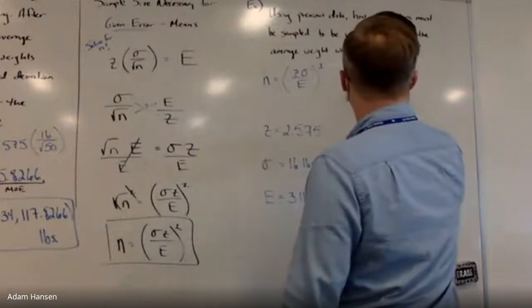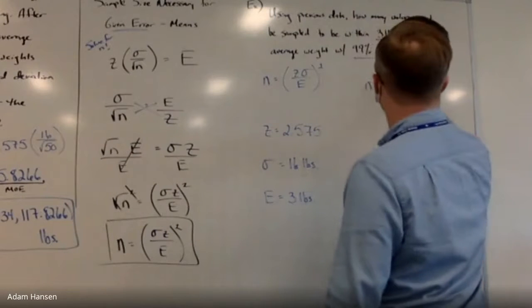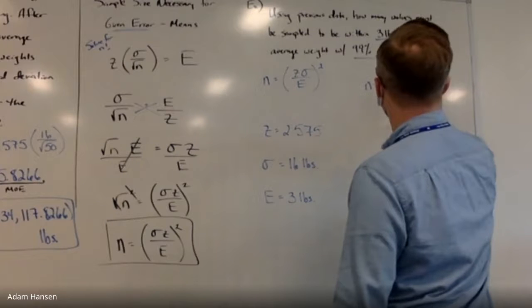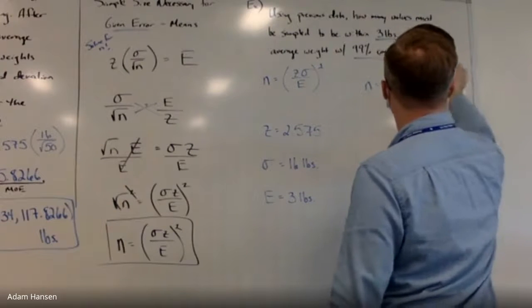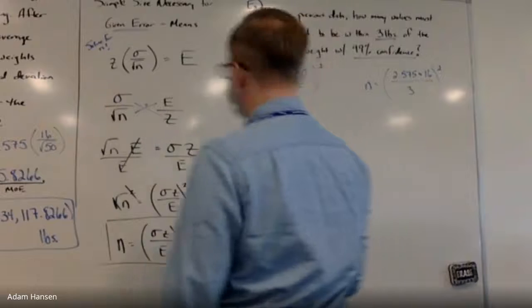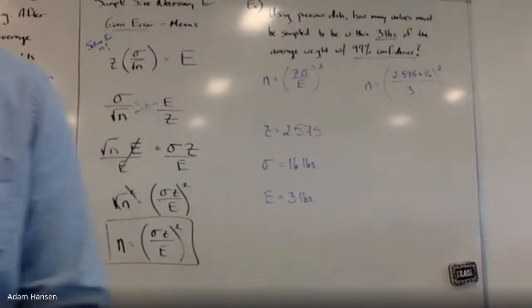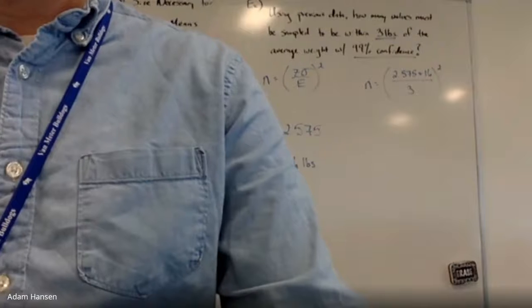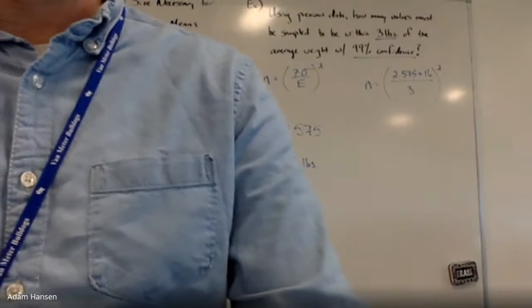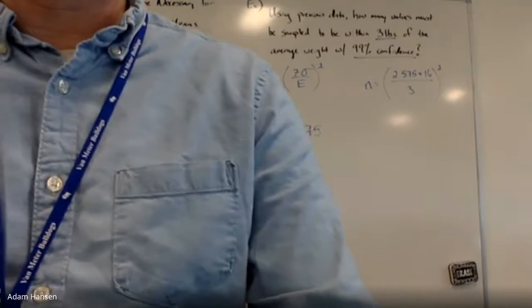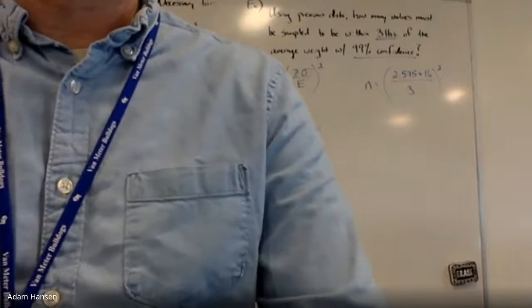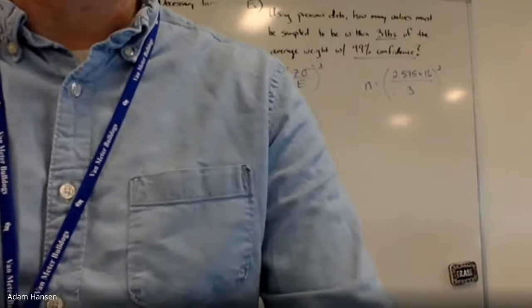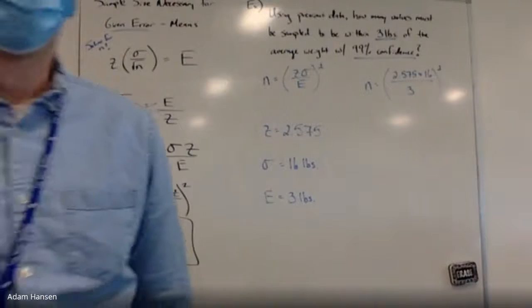Let's see what we got here. N equals 2.575 times 16 for the standard deviation over the allotted error of 3 pounds, squared.